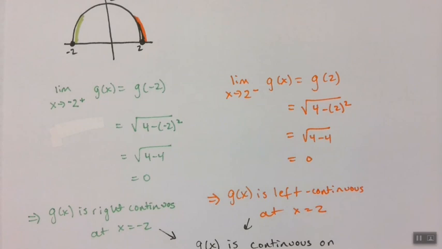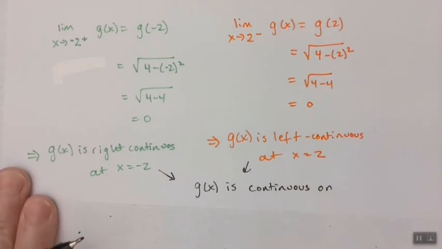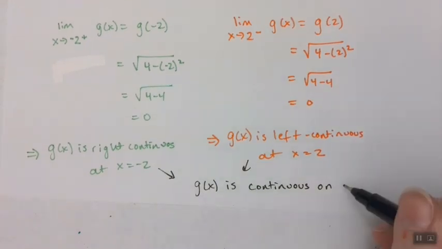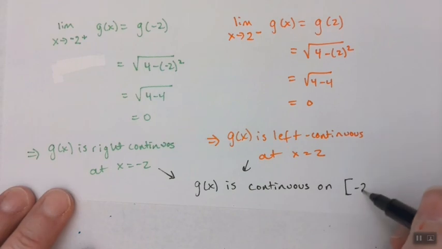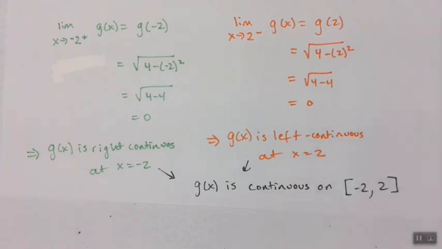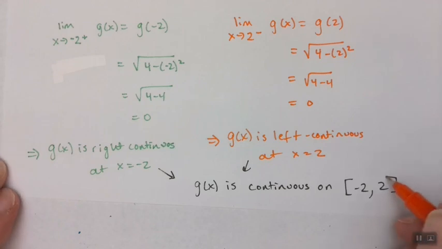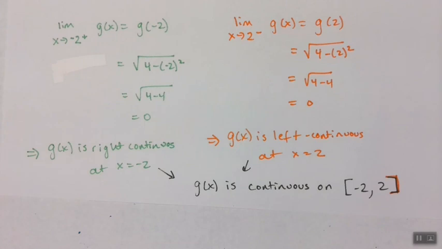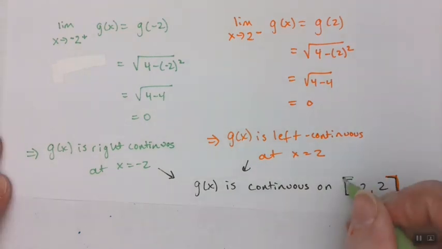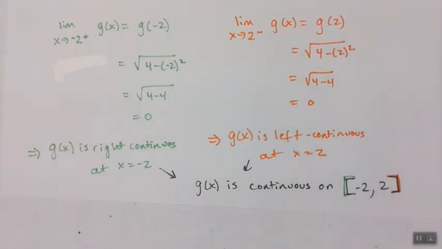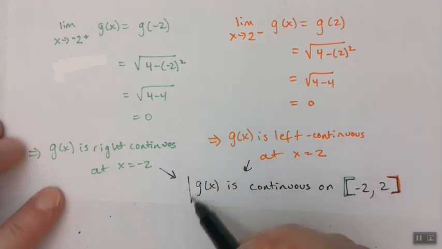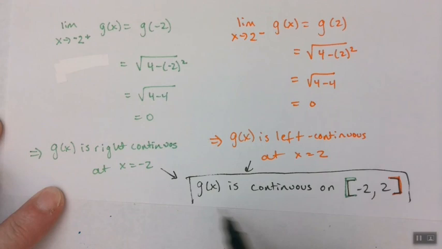We're looking at a closed interval from -2 to 2, so we're continuous on the interval from -2 to 2. The left continuous part gets us this part over here, and the right continuous part gets us this part over here. But either way, we can tell a semicircle is continuous on that entire closed interval.